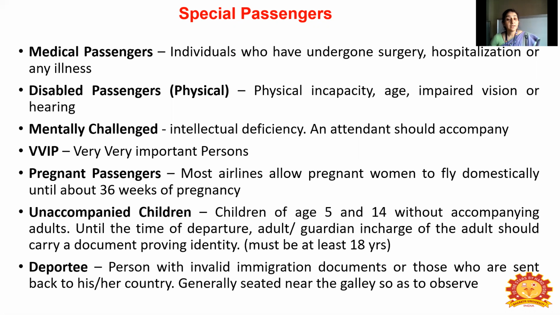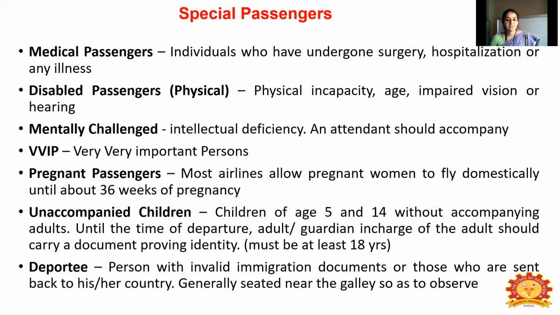And unaccompanied children, a category where children between the ages of 5 and 14 travel without an accompanying adult. The airline itself takes responsibility and makes sure the child is safely dropped at the particular country or city they are destined for. And a deportee is a person who has invalid immigration documents or who is being sent back to their country.